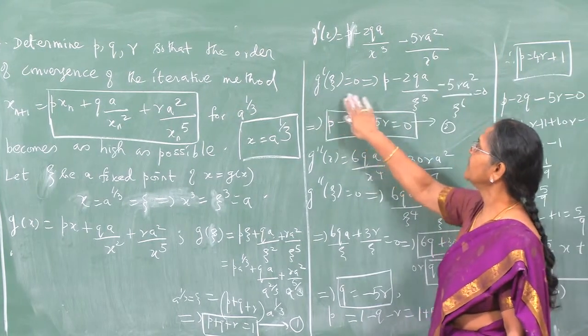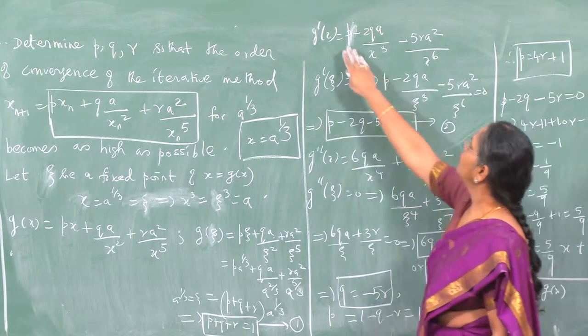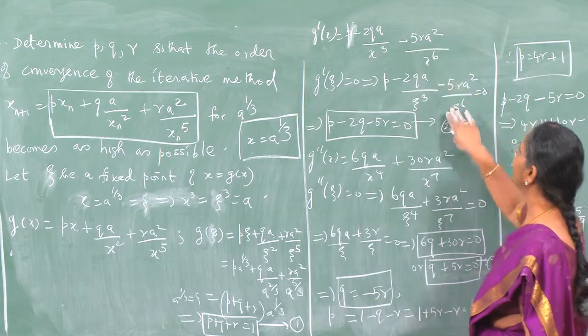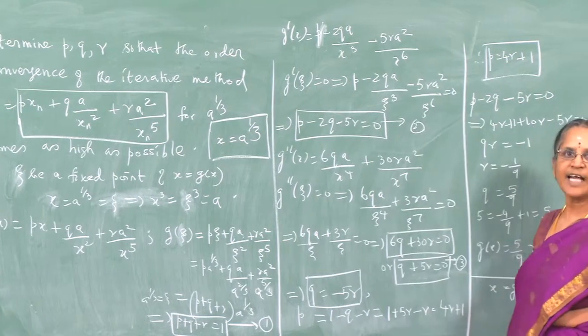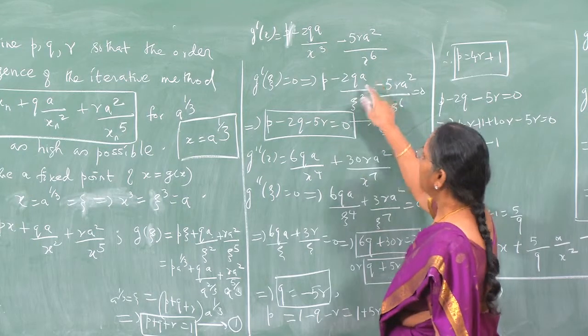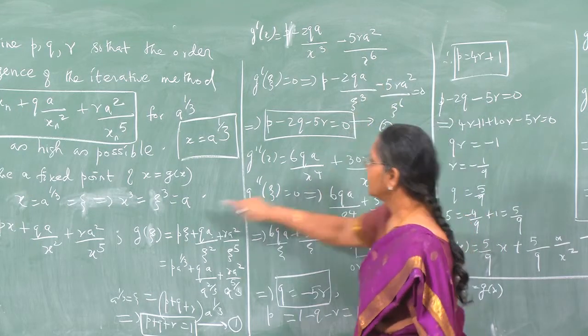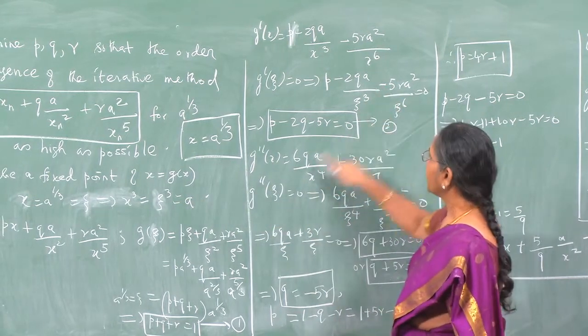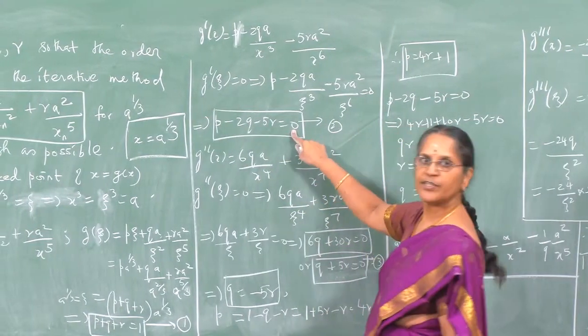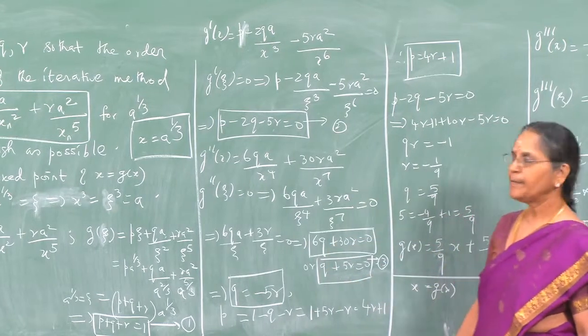So, g dashed of psi equal to 0 will give you p minus 2 q a by psi cubed minus 5 r a square by psi power 6 and that must be 0. So, that immediately gives you, making use of the fact that psi cubed is a, p minus 2q minus 5r is 0, that is the second equation.